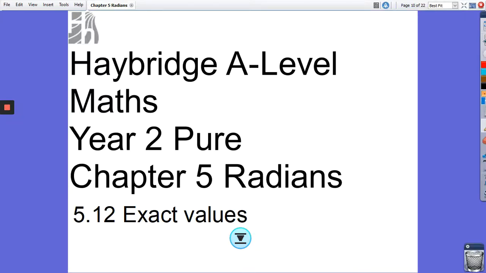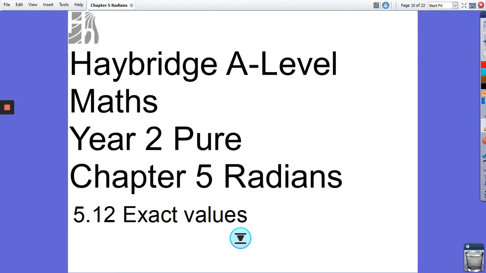We're looking at Year 2 Pure, Chapter 5 Radians, and we're carrying on with the first section on radians. We're doing the second part of that first section, a subpart of a chapter, and we're going to be looking at exact values of trig functions, and the graphs of trig functions when we're measuring the angle in radians.